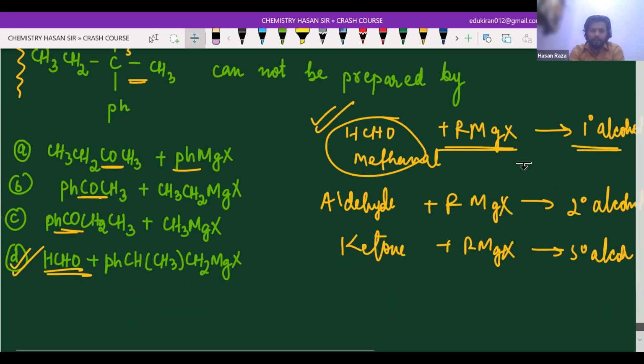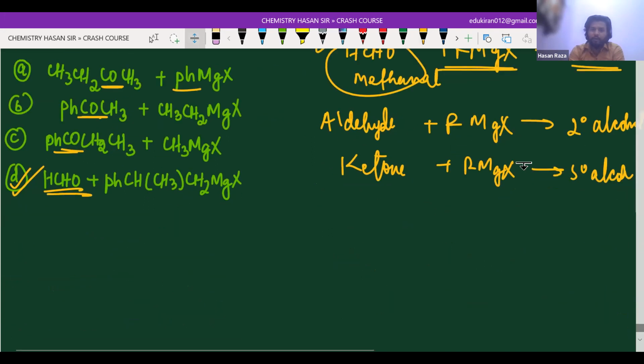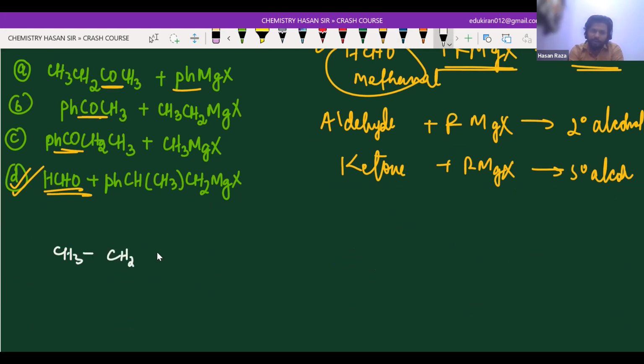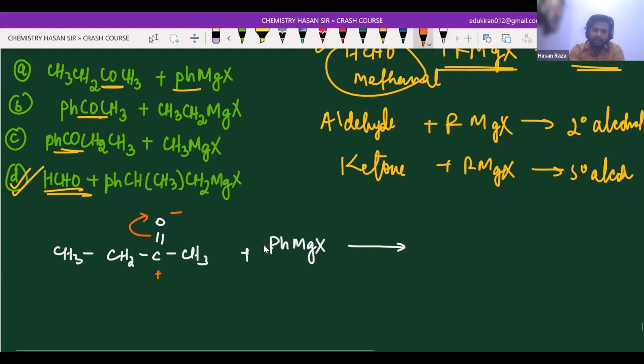Adriel, I'm going to show you one reaction if you don't remember how the reaction took place. So this is your CH3, I'm going to take, and this is your C double bond O, and this is your CH3, and then comes your pH MgX. So first, what you need to do is this will go like this: negative, positive, negative, positive.